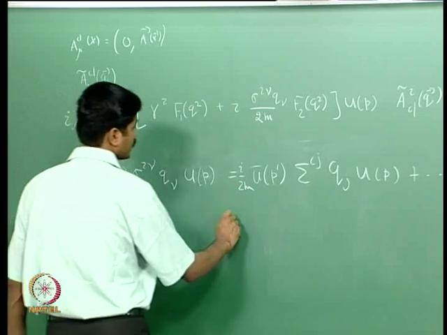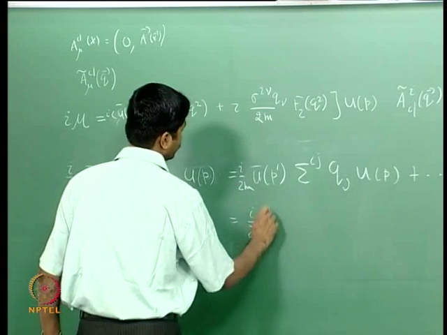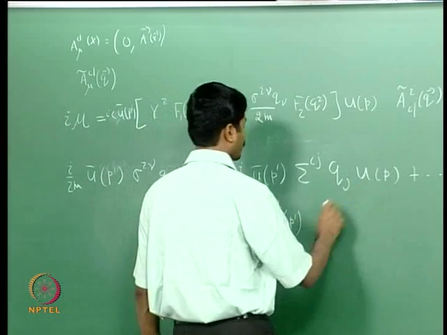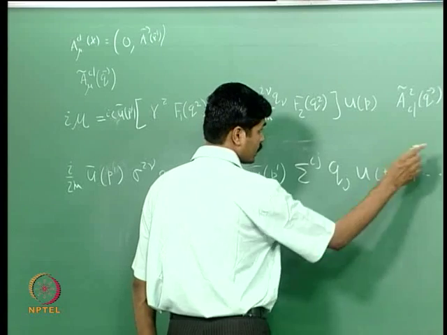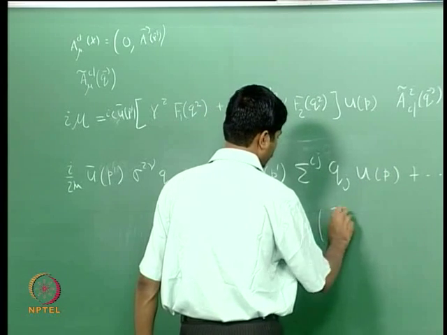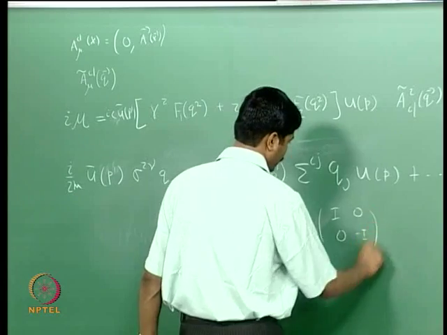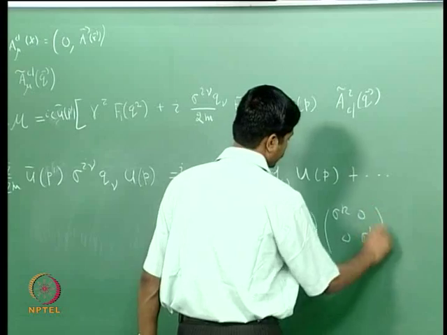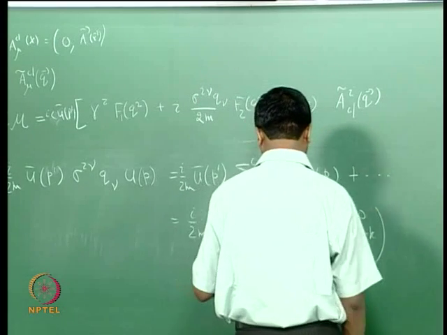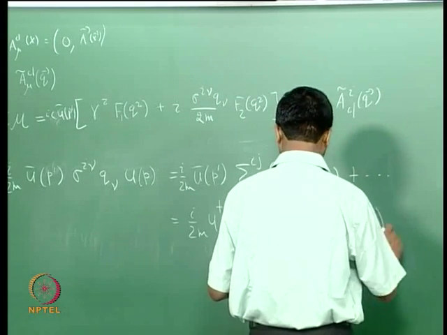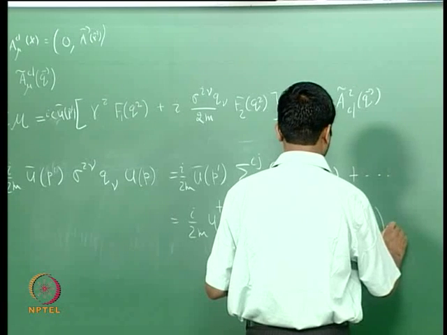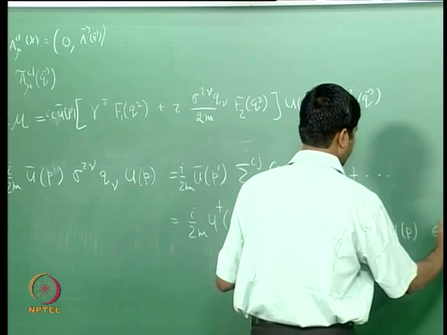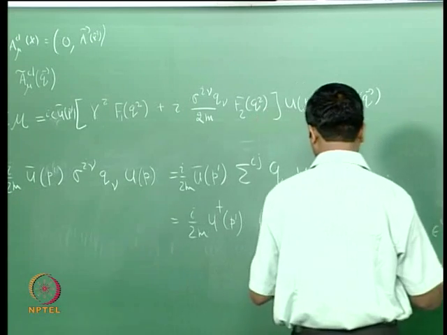So, this is given by i over 2m, u bar p prime is u dagger p prime, gamma 0 sigma k is this, gamma 0 is 1, identity 0 0 minus identity, sigma k 0 0 sigma k times u of p epsilon i j k q j.